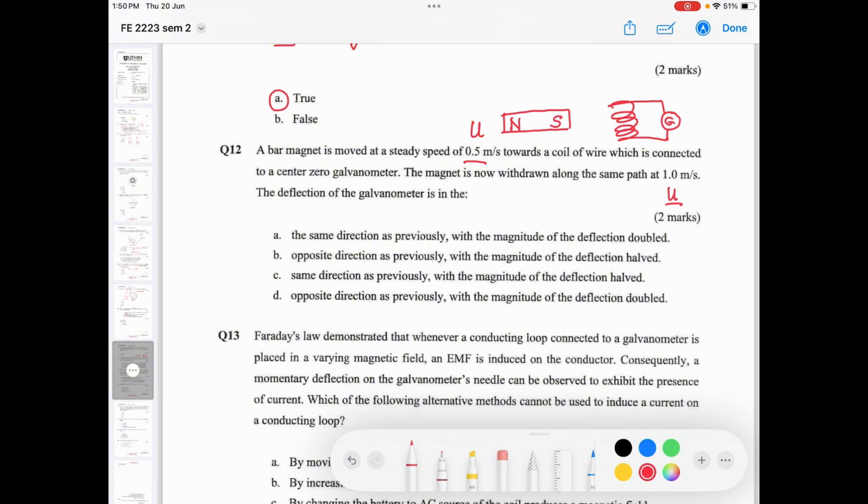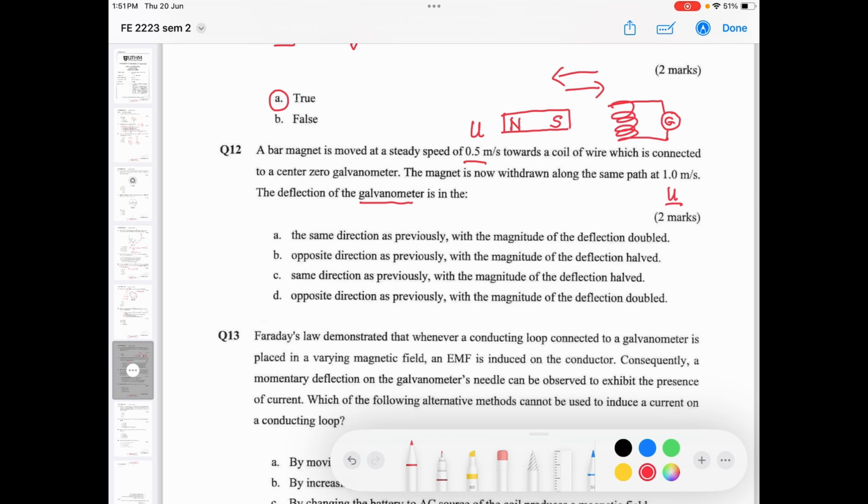So the deflection of the galvanometer is in the same direction as previously, with the magnitude of the deflection double. Just imagine this bar magnet going towards and moving away. What will happen? The direction of the deflection of the galvanometer will definitely be different.